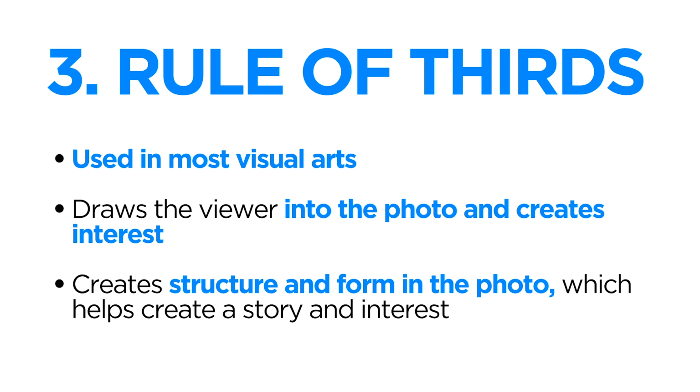Let's take a look at some examples of the rule of thirds. Here's number 1 coming up. So this is what the rule of thirds grid looks like. Your frame is divided equally into 3 sections vertically and horizontally. So you've got 9 quadrants to locate your main subject.